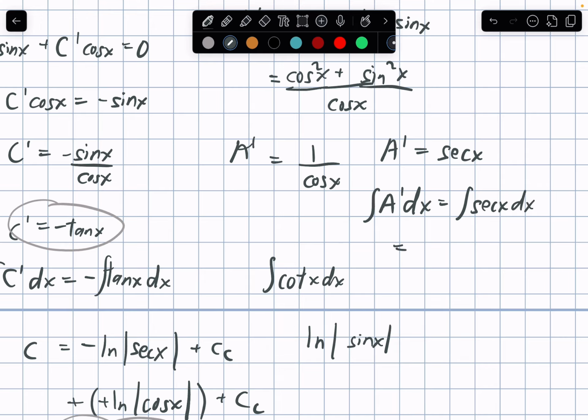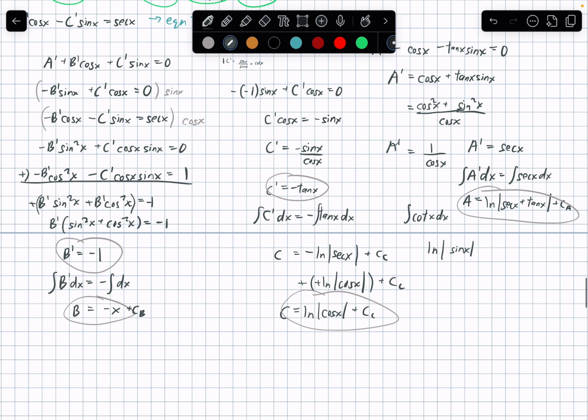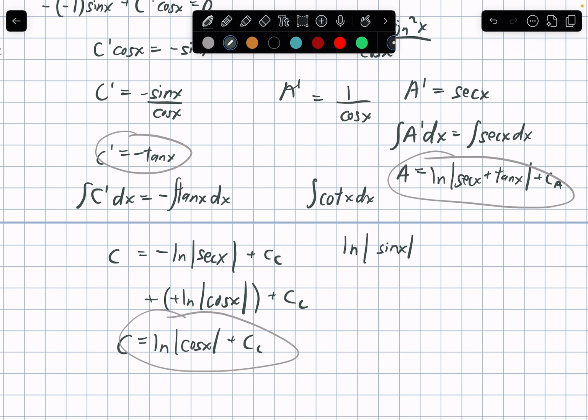Secant x, secant and cosecant, no? ln secant x plus tangent x plus C sub A. Okay, so that's your A. And just to let you know also, if we have the integral of cosecant x dx, that is negative ln cosecant x plus cotangent x.